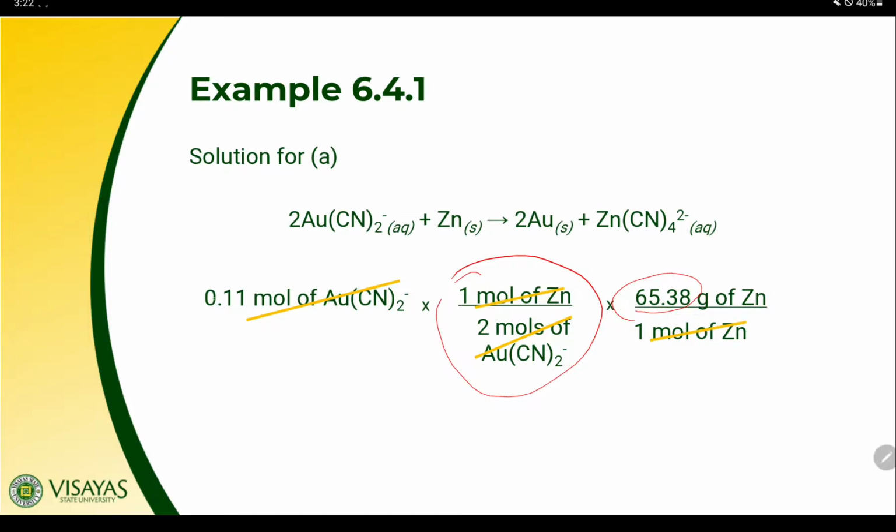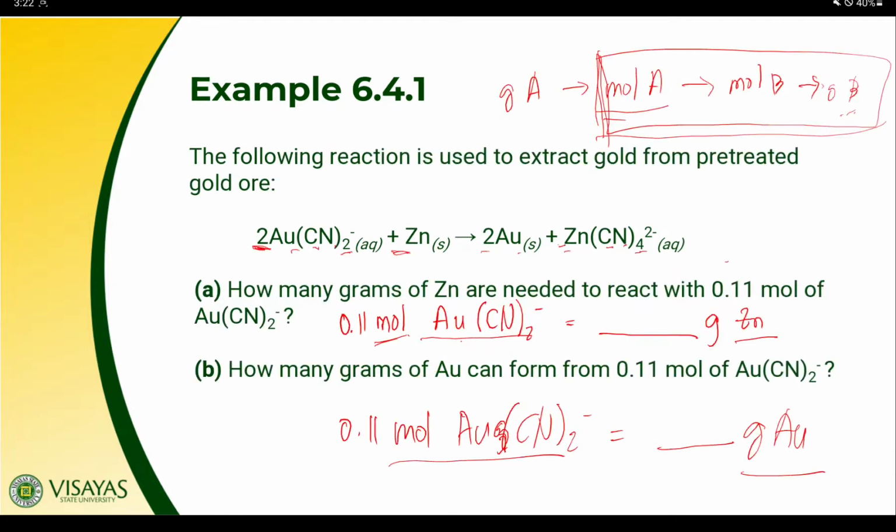Now the numbers which appear in the numerator will be multiplied, and the resulting answer will be divided by the numbers in the denominator. Therefore we have the answer 3.6 grams of zinc. So this is now our answer for letter A.